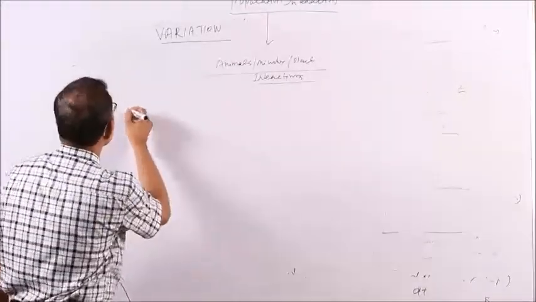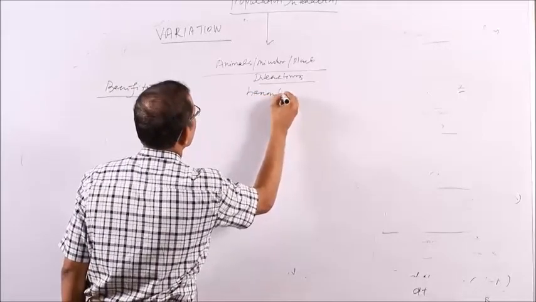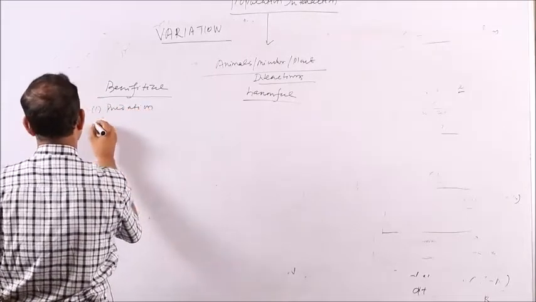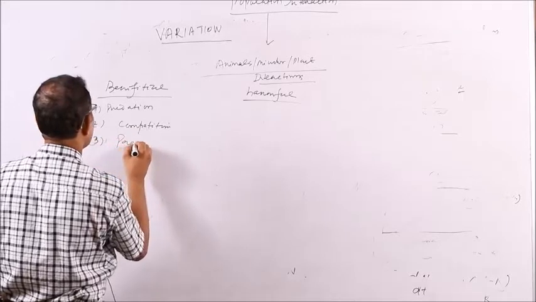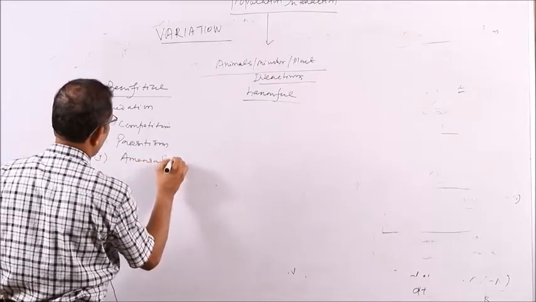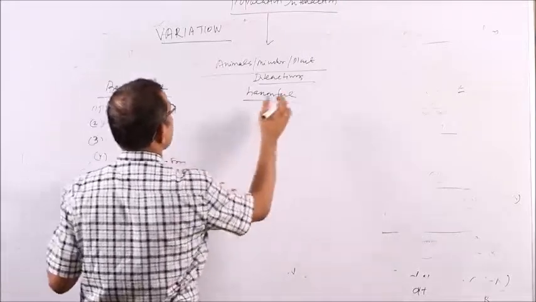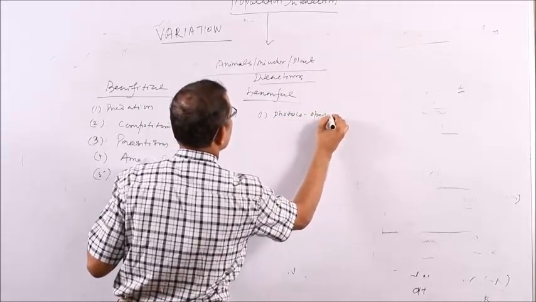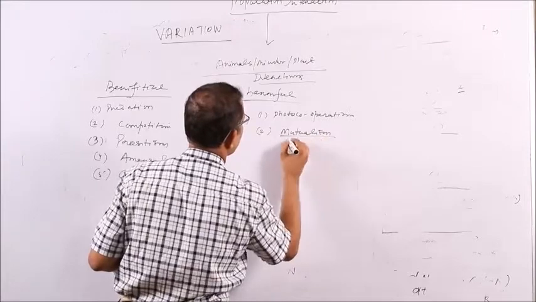We can say two types of interaction are possible: either the interaction is beneficial or sometimes it is harmful. The interactions are: first, predation; second, competition; third, parasitism; fourth, amensalism; fifth, commensalism. Then the interactions with a positive effect are protocooperation and, second, mutualism or symbiosis.